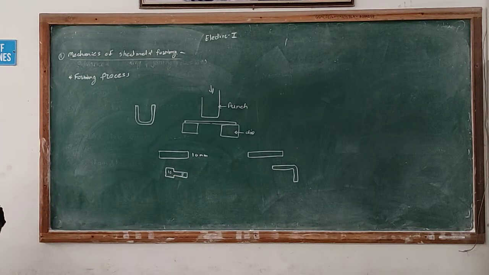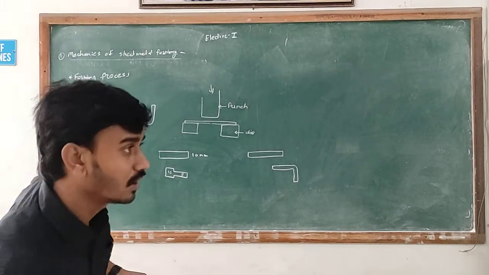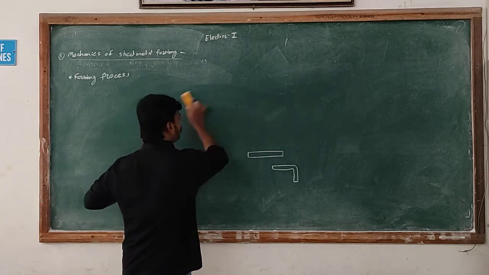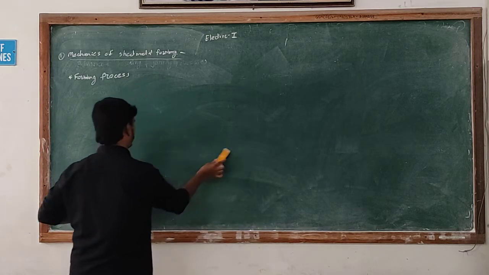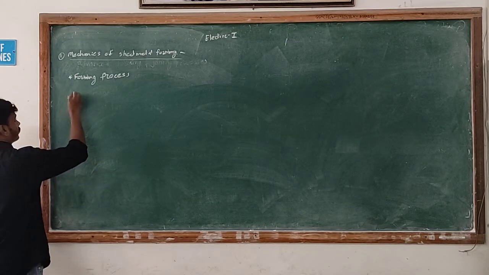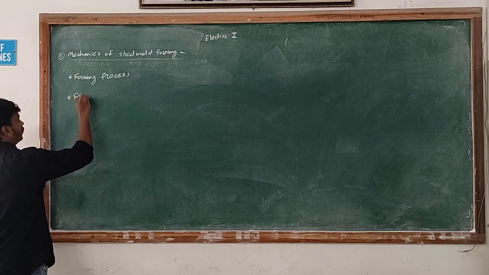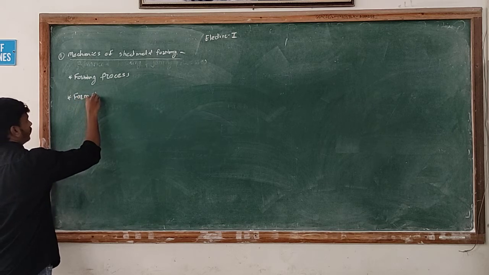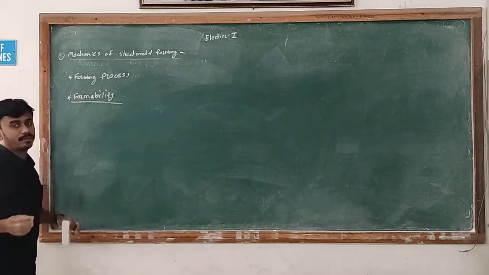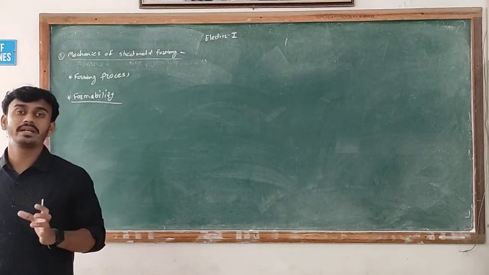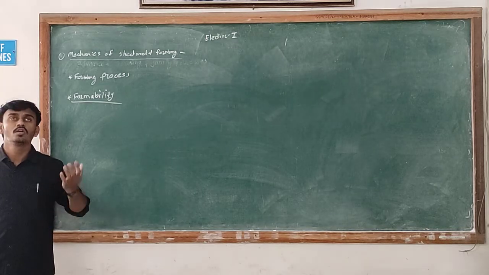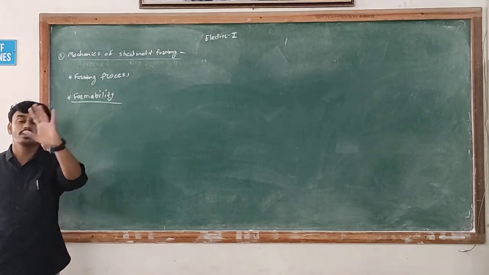So what are the criteria, or what are the different forming processes? First of all, we will discuss what is meant by formability. Formability is the ability of the material to get formed into the required shape.